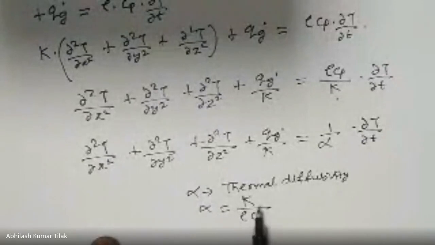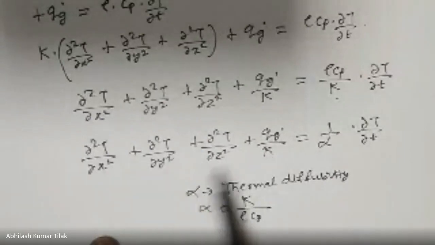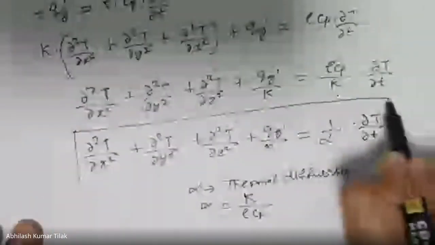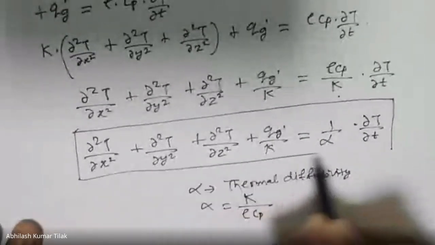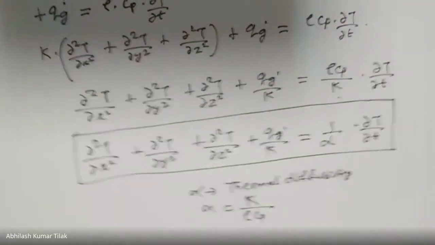So it indicates the ratio of the thermal conductivity, that is the material's ability to conduct heat, to the material's ability to store the heat. So this ratio is indicated by the thermal diffusivity. This is termed the general heat conduction equation. Any heat conduction problem, whether it is steady state heat transfer or a transient one, you can apply this general heat conduction equation.